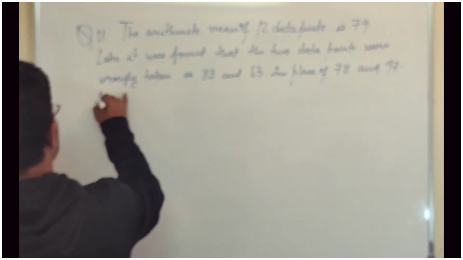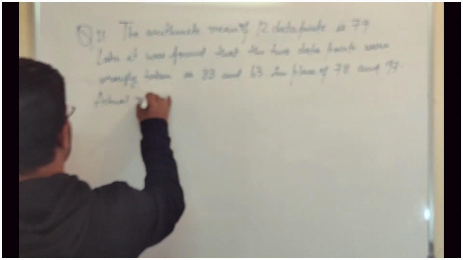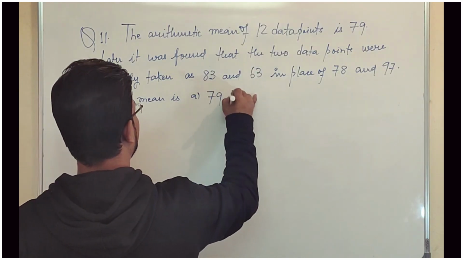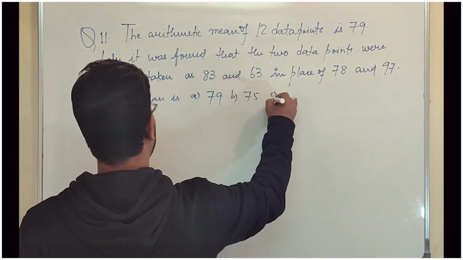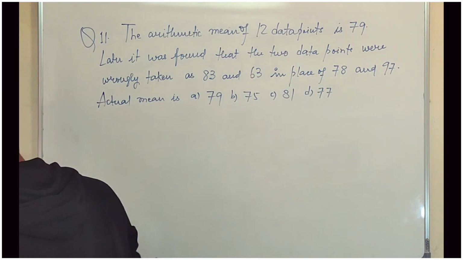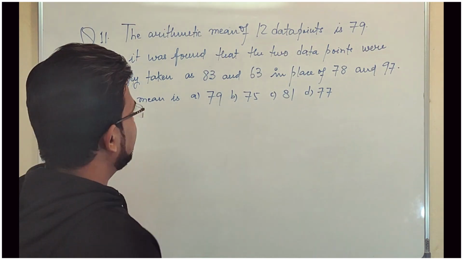The actual mean is, option A is 79, 75, 81, 77. Great. Very simple question.